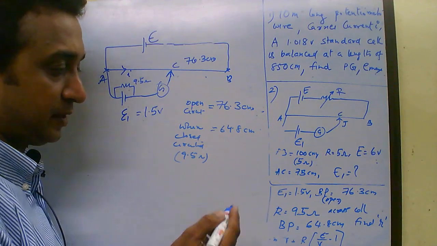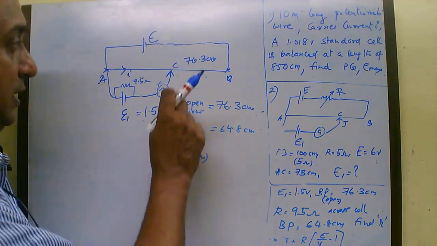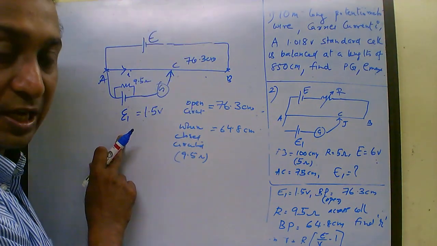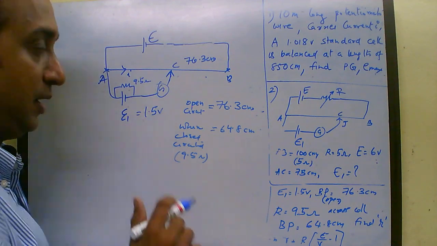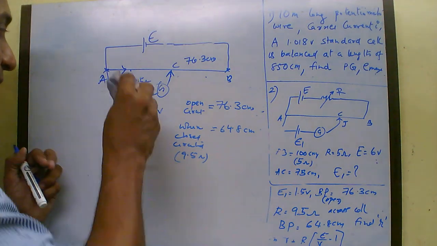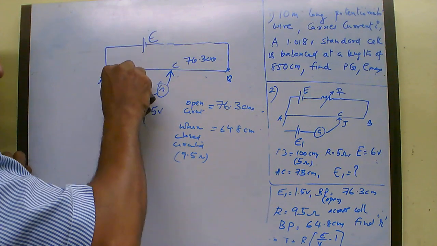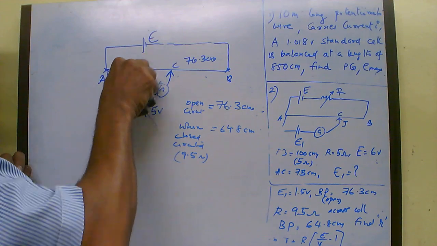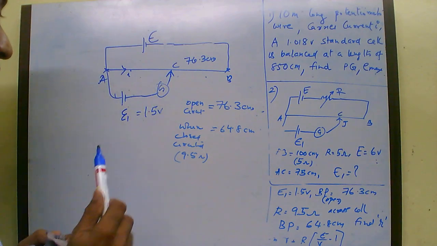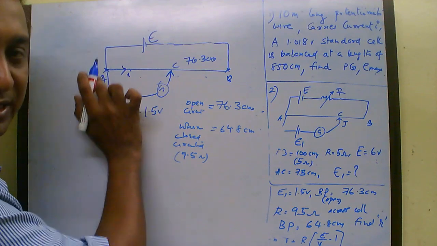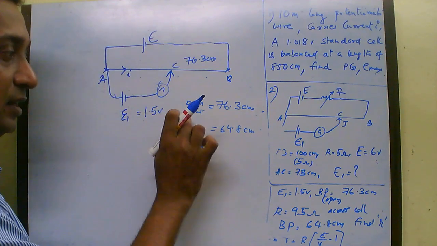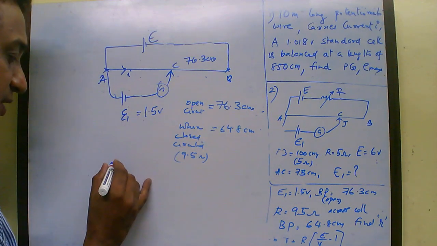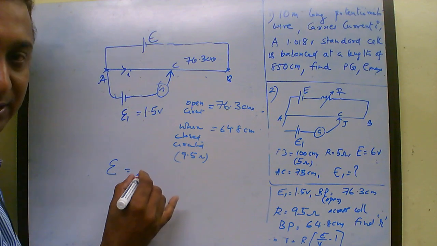Let us do another problem related to the potentiometer. So we have a circuit, a primary cell is there, and another cell whose EMF is given as 1.5 volt. When it is in open circuit, meaning when the galvanometer is showing zero deflection and there is no resistance across the cell, the balancing length is 76.3 centimeter, or in other words the EMF of the cell is balanced.